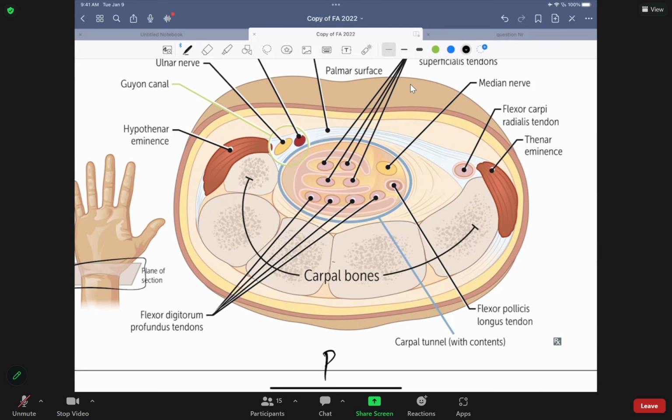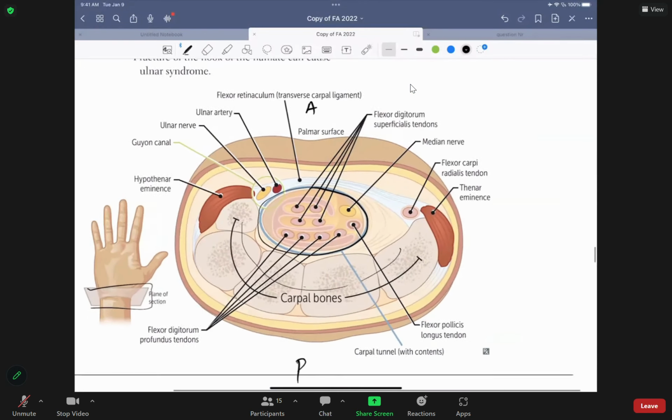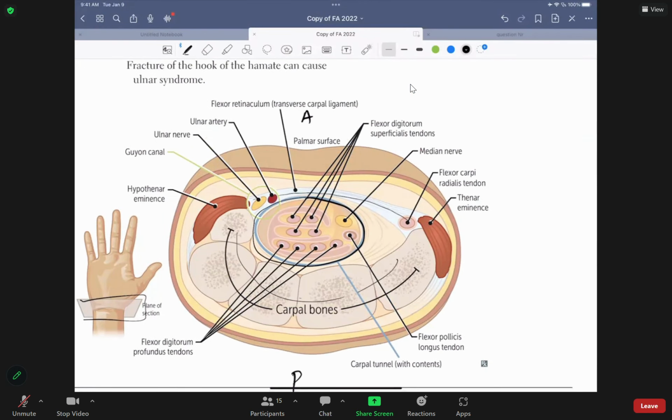Okay. Now inside, there's a tunnel we call the carpal tunnel. Why do we call it carpal tunnel? Because it's in between the carpal bones. So that's how the name comes, carpal tunnel. Okay. Now we need to learn the boundary. Carpal tunnel is protected by bones on the posterior side, and on the anterior side, we have this layer that we call the flexor retinaculum.